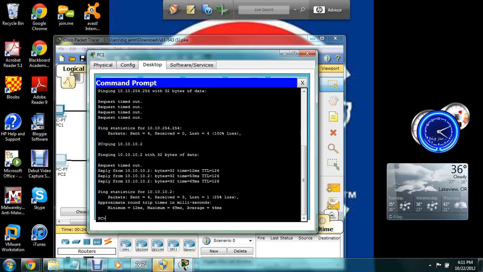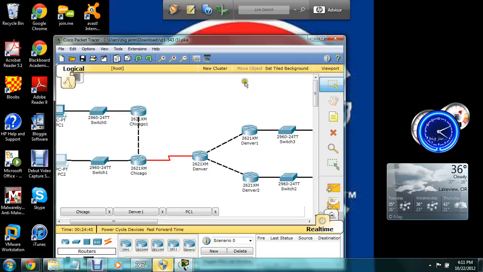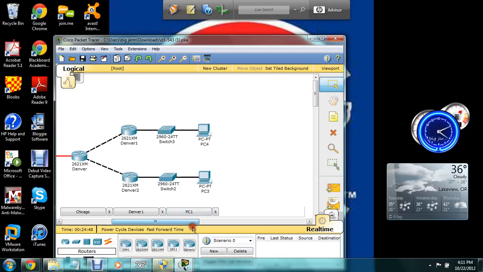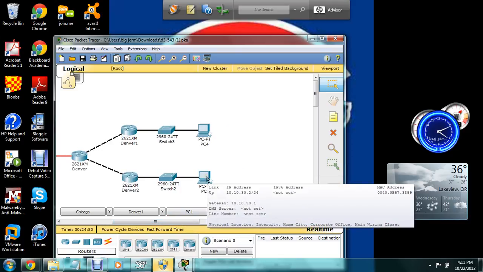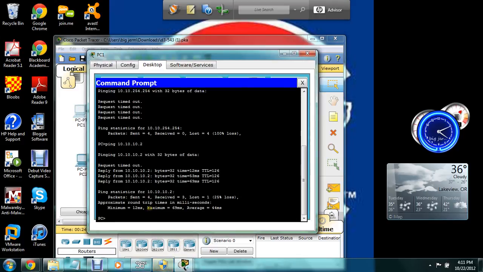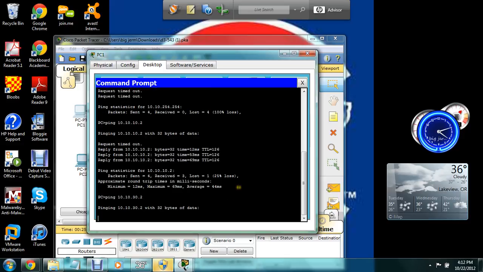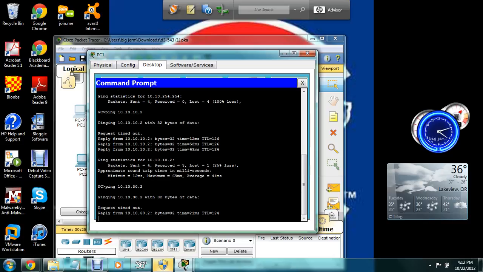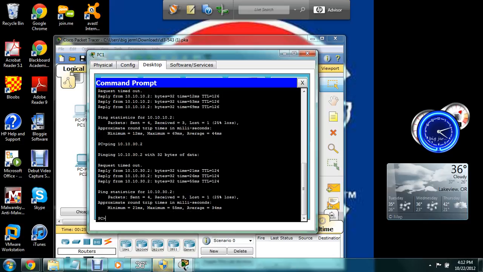And we're getting replies now. And we're going to go ahead and try 3, 10.10.30.2. And we're getting replies from there as well. And then we're going to try 4.